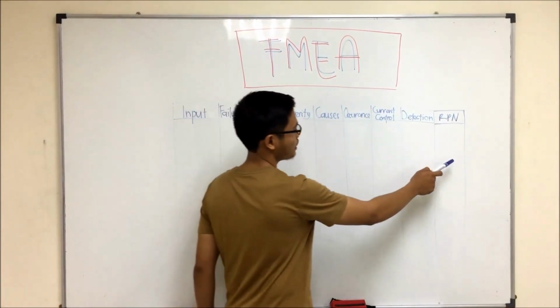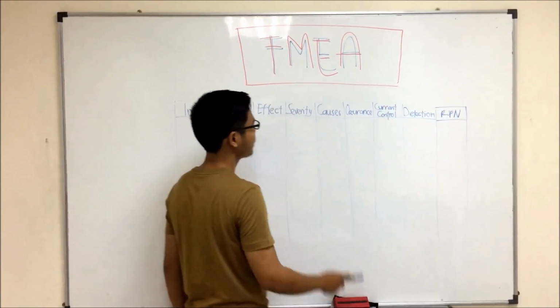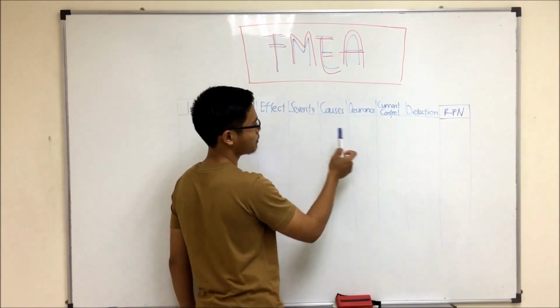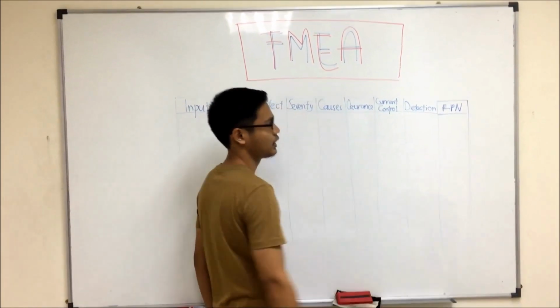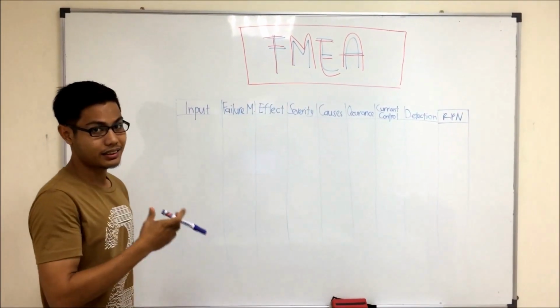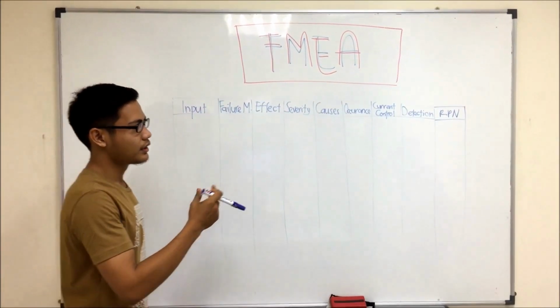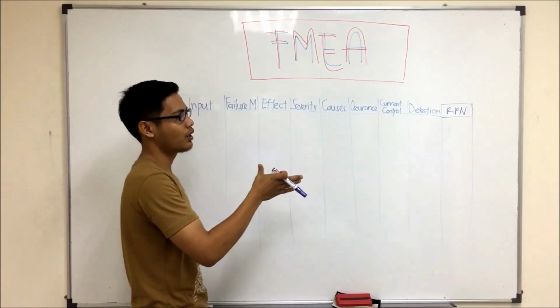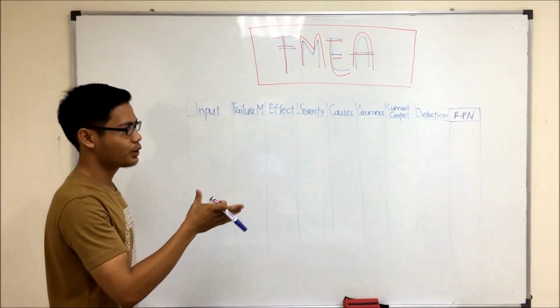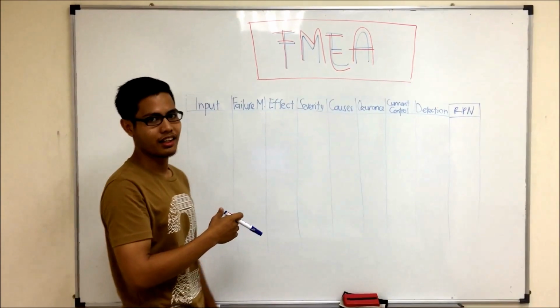And the RPN, which stands for risk priority number, is the product of severity times occurrence times detection. The higher the RPN number, the more we should emphasize on it. This is the FMEA analysis.